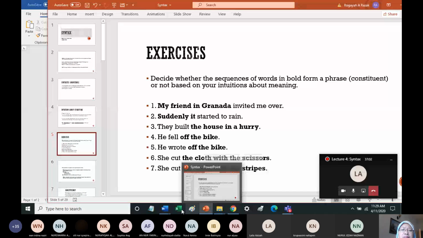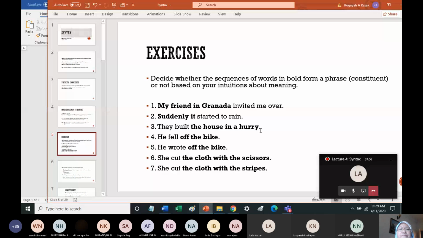I'm just going to call any volunteers. Afiq, can you do number 3, please? What do you think?